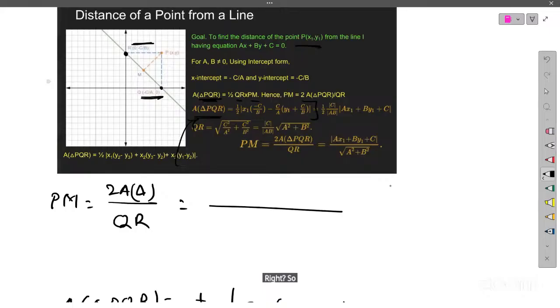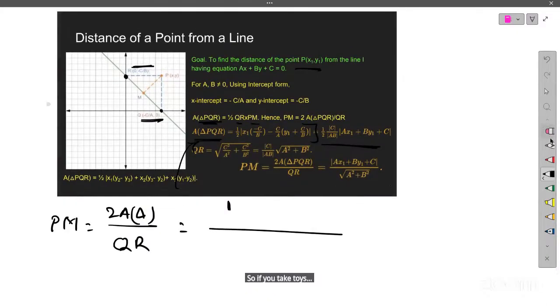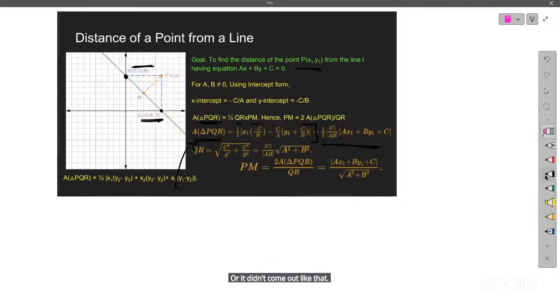So the area of the triangle is something like this. How did that come out? When I tried it, it didn't happen. He said that he took something common like A, B. I didn't understand that part.